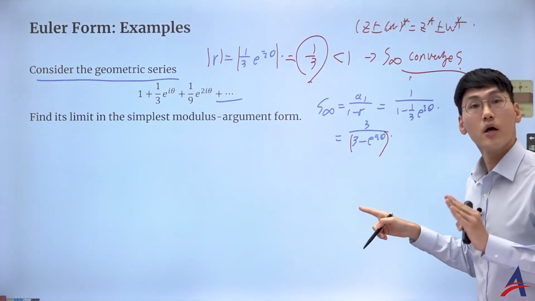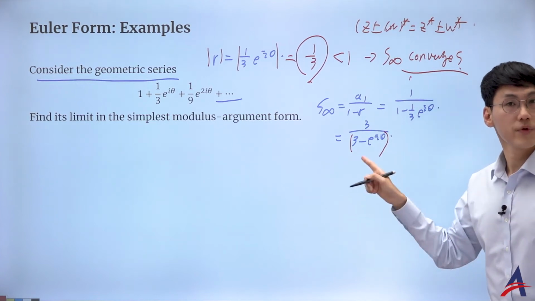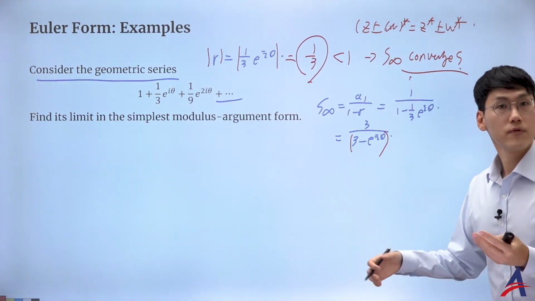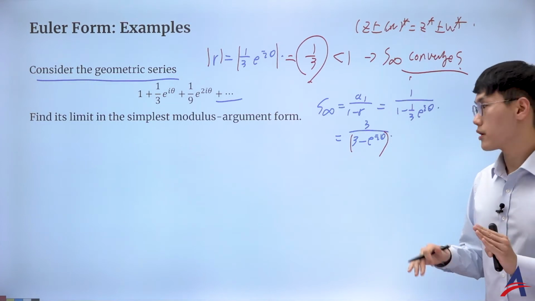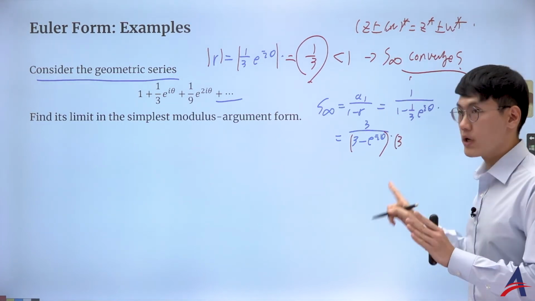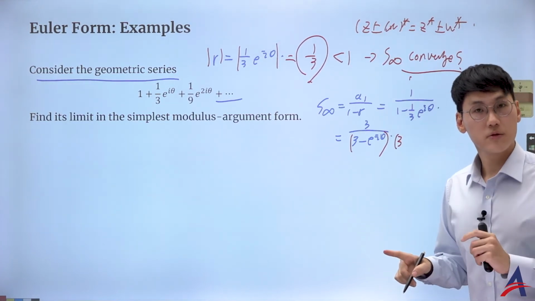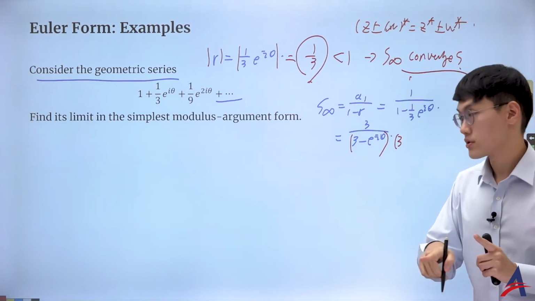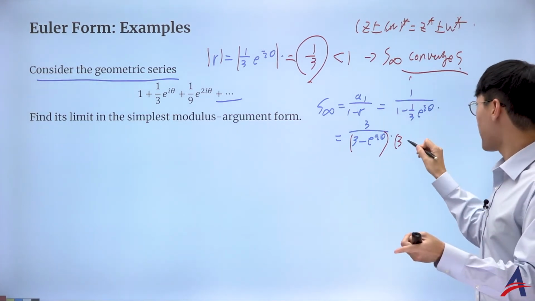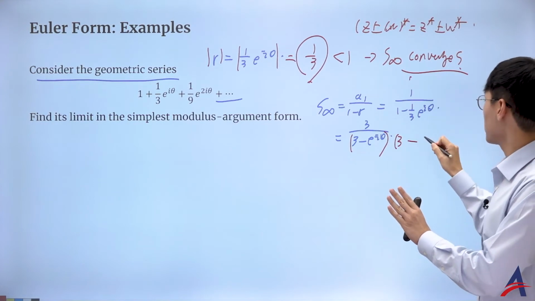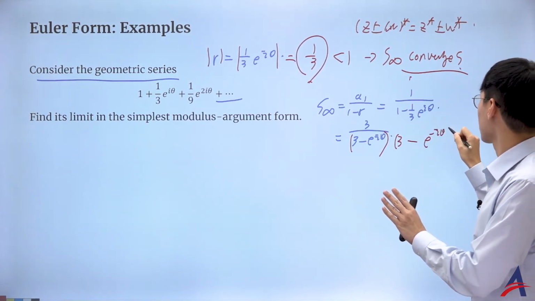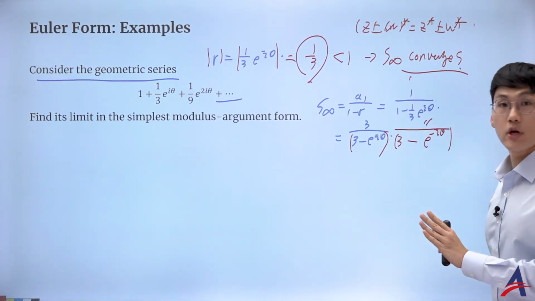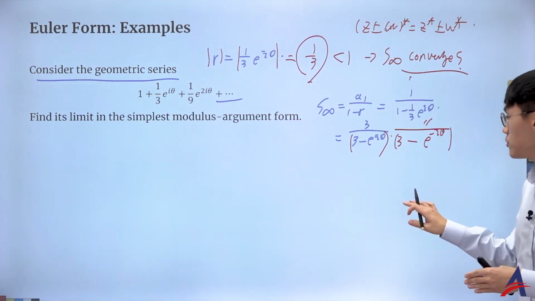So for this one, you have to just remember the conjugate of a 3 in exponential form. For the real part, the conjugate doesn't do anything, so it's going to be simply 3. However, for the Euler form, what is going to be different is the sign of the argument, like the polar form. So the minus is preserved, but e to the power of negative i theta for the argument is going to be the conjugate. I'm going to multiply the same thing in the numerator as well.